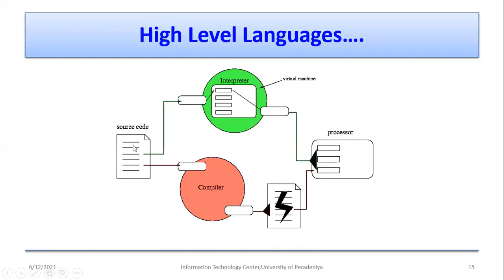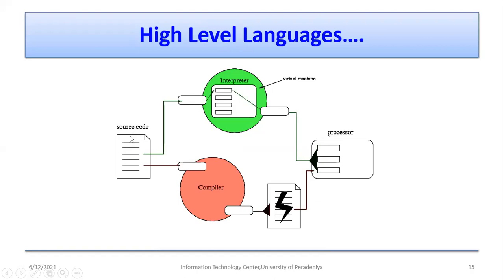So here, if it is source code, it's a compiler. The compiler takes the entire source code, converts it into the executable code, then the processor executes it. But the interpreter takes the first line of the source code, converts it and executes it. Then it takes the second line, converts it into executable code and executes it.